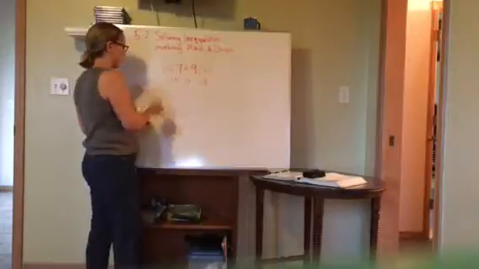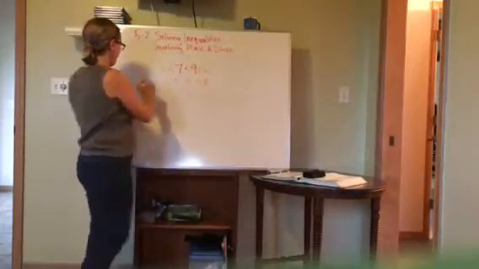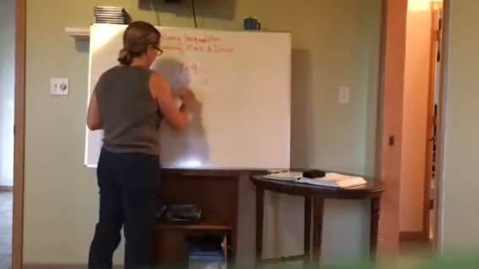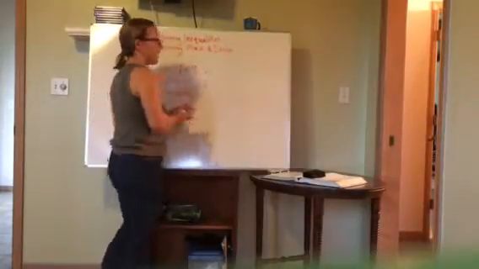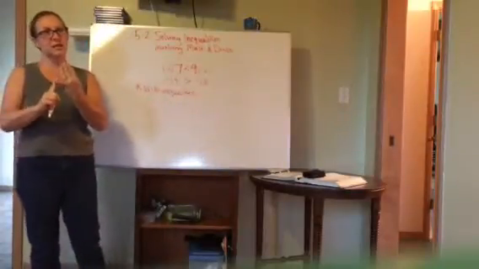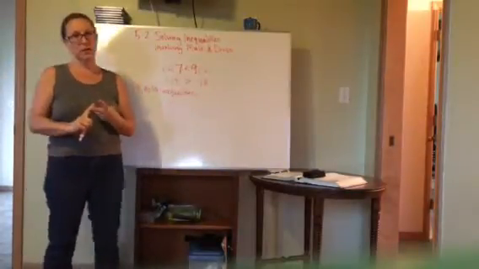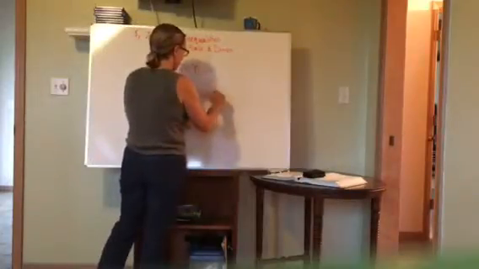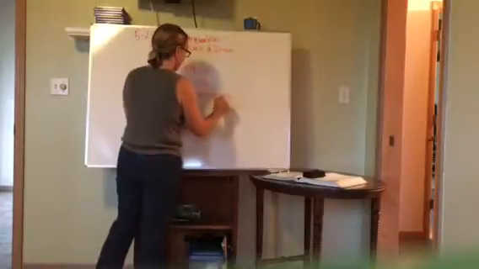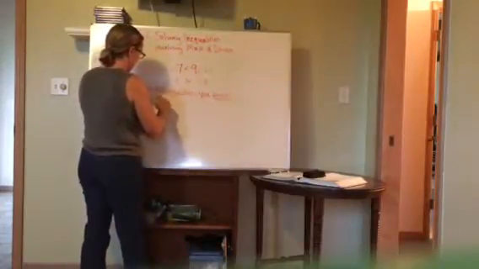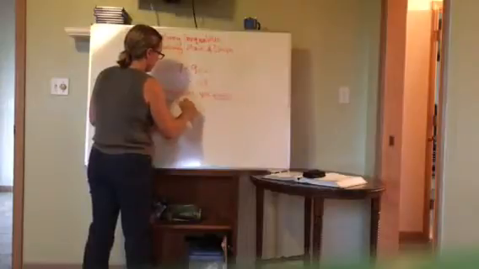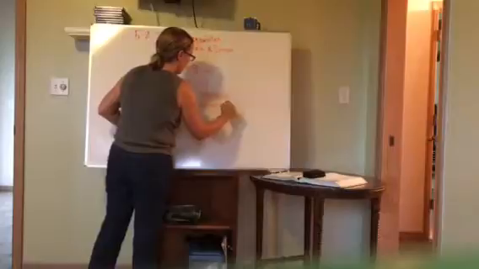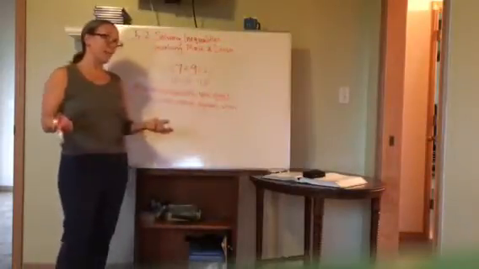Now we need to write it as a formal rule, okay? With inequalities, and again, the 4 types of inequalities are less than, less than or equal to, greater than, and greater than or equal to. With inequalities, you must flip the inequality symbol when what happens?